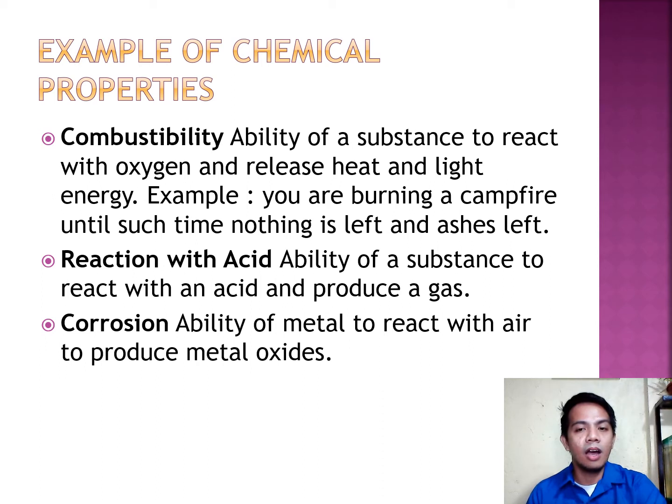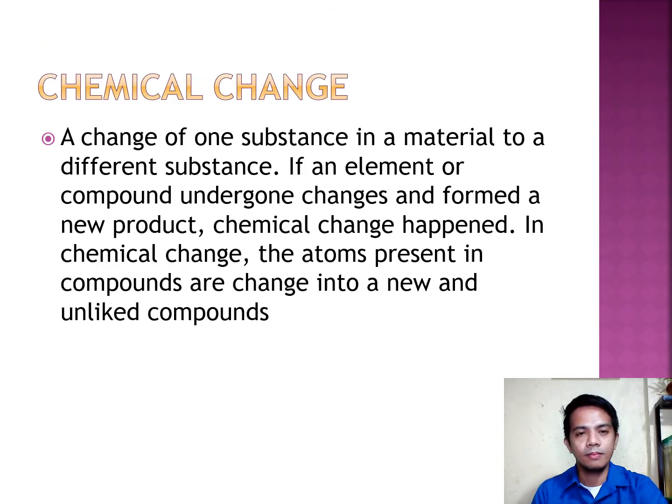For example, you are burning a campfire until nothing is left but ashes. So that is combustibility. Then reaction with acid, the ability of a substance to react with an acid and produce a gas. And corrosion, the ability of metal to react with air to produce metal oxide.